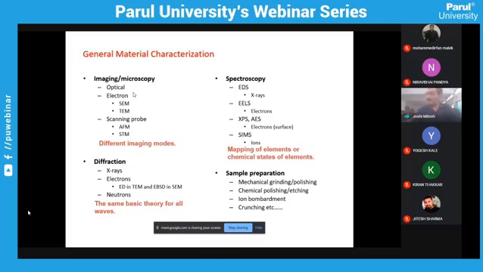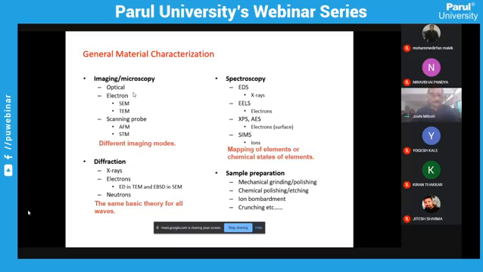XPS, X-ray photoelectron spectroscopy, Auger electron spectroscopy, and some small ion microscopy is also there. So this is just spectroscopy. Spectroscopies are also used in chemistry, where you can use the ultraviolet, visible and IR spectra. So they are also a part of spectroscopy.